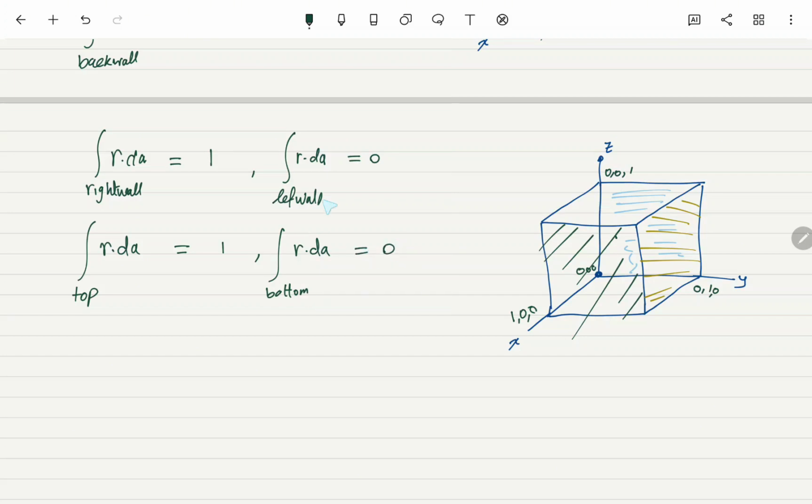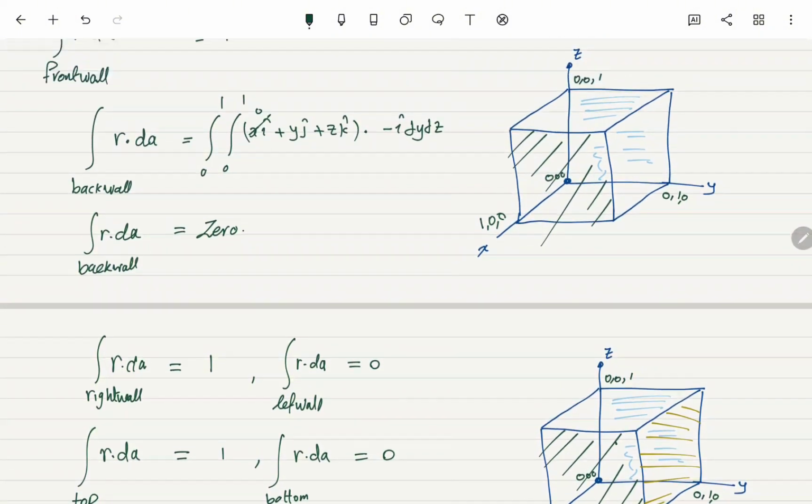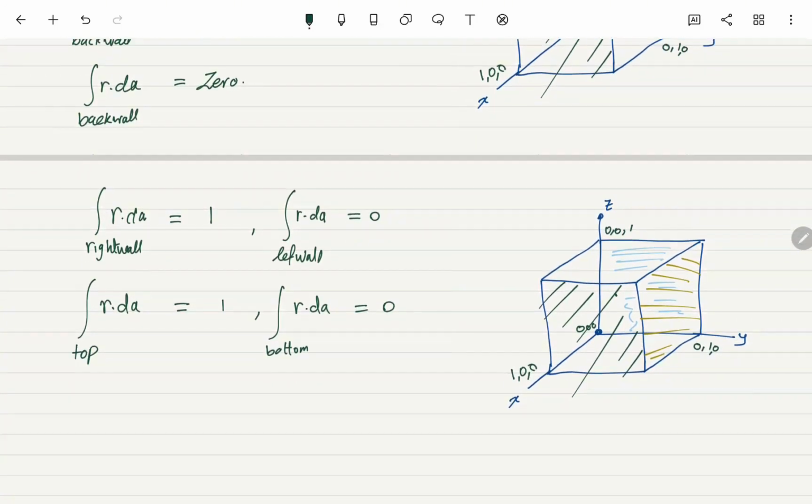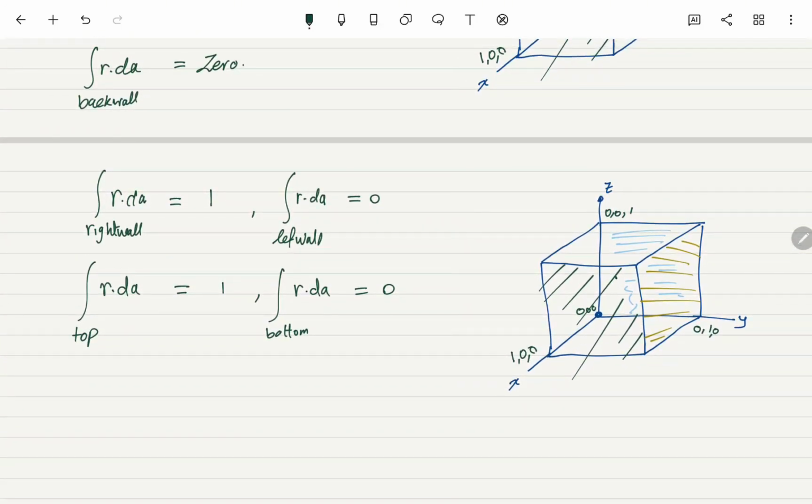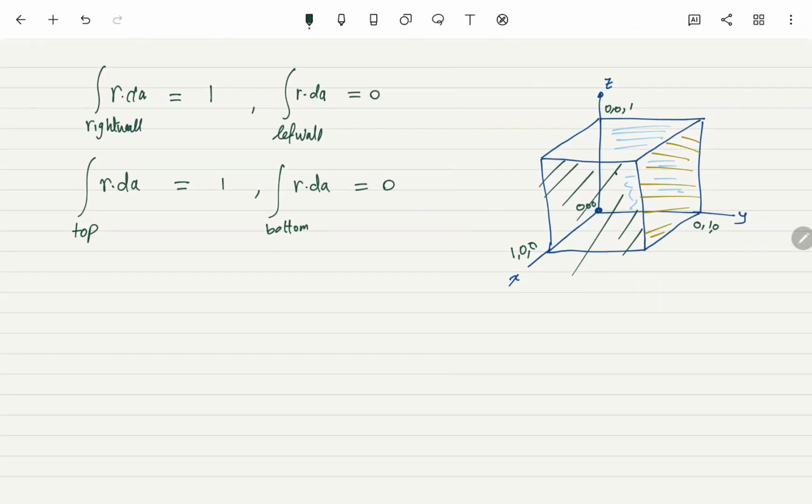Remember, we just use the same rule as in the front and back wall calculations. After all, the total integral over the closed surface of r dot d area is equal to 1 plus 0 plus 1 plus 0 plus 1 plus 0. So all of this is equal to 3 units.